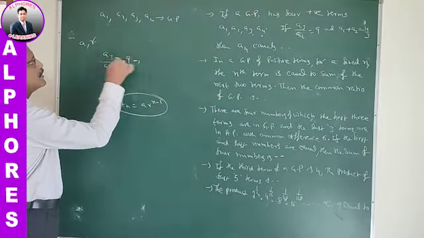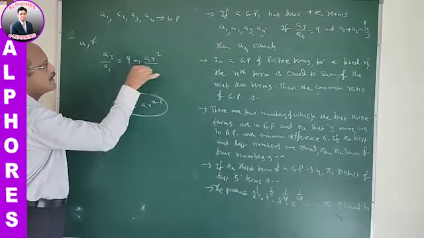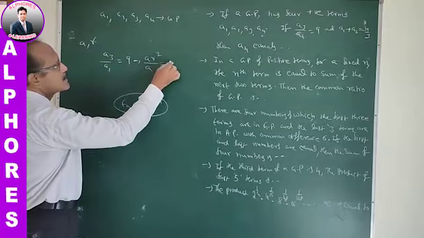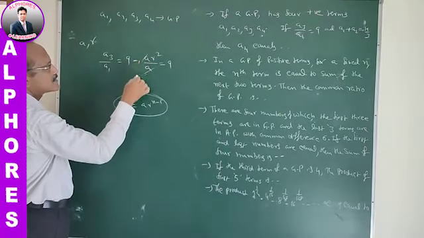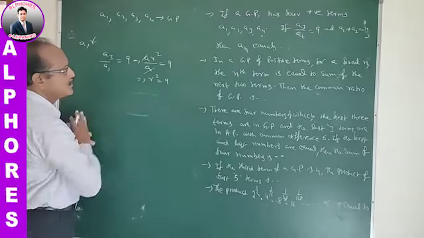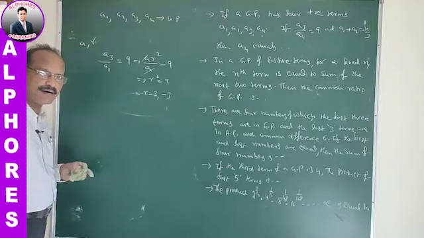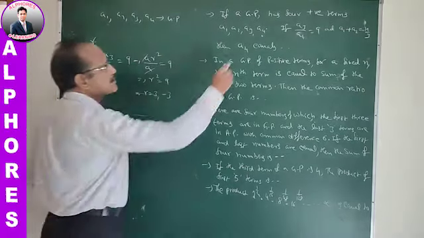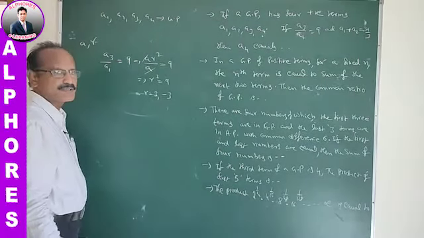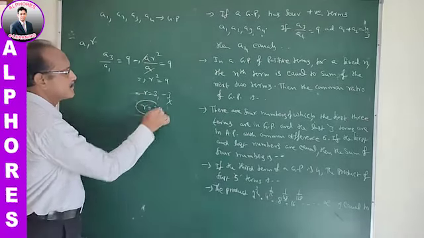Using this, A3 is A R square, and A3 by A1 is 9. A gets cancelled, R square is equal to 9, and R is equal to plus or minus 3. R may be 3 or minus 3, but the terms of the GP are positive, so we take R as 3.